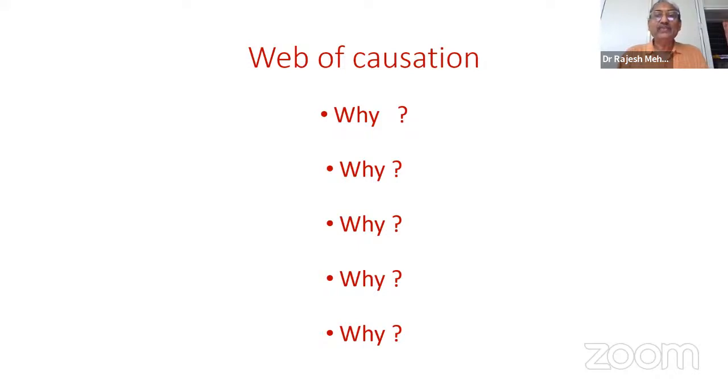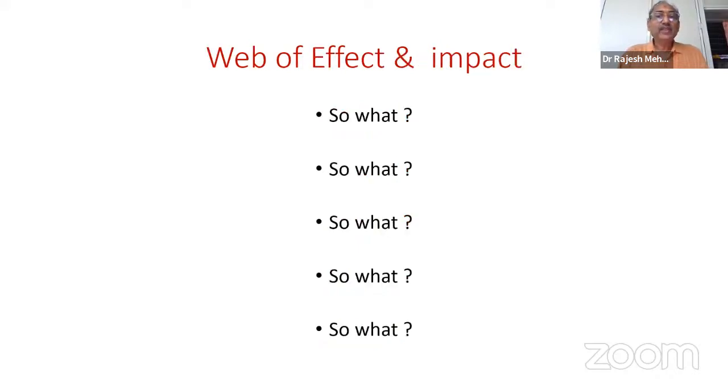And based on that, you first take action. Once there is a disease outcome, what will be the effect on society and on individuals? That you ask first, so what, then again so what. If you ask five times, then it will be the web of impact, web of effect.